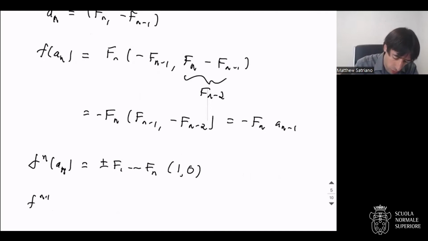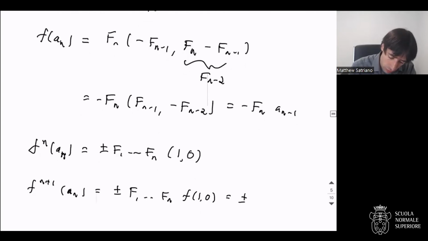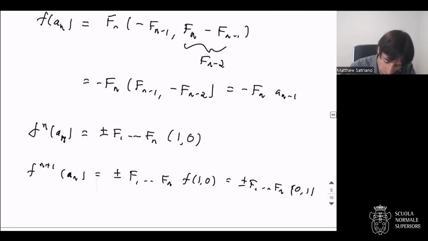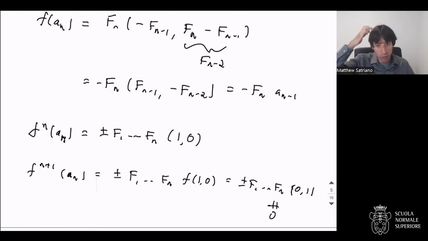If we do f^(n plus 1) of a_n, well, that's f of (1, 0), and f of (1, 0) is (0, 1). So this thing is still non-zero. That's kind of the point.